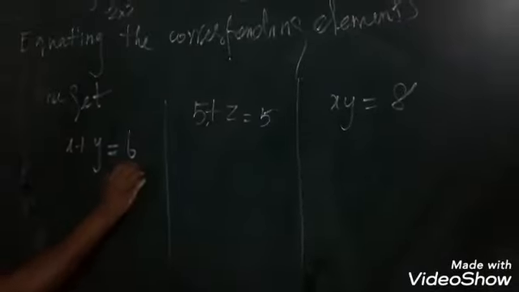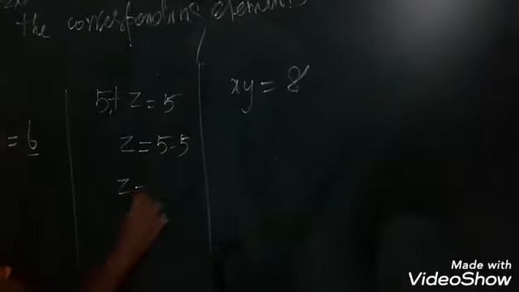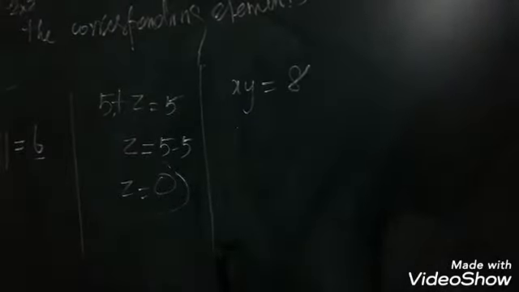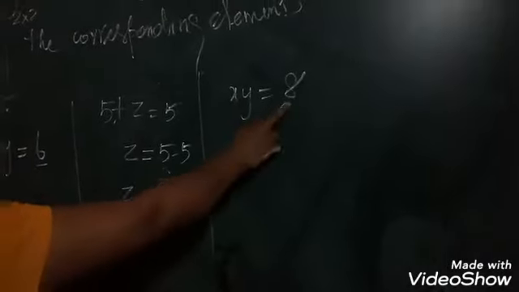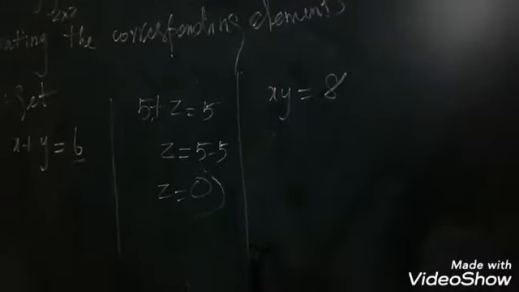Now we want to find out: if you add x plus y you will get 6. So here z is equal to what? They have given 5 minus 5. The answer is z is equal to 0. Now x y, if you add you will get 6. The same numbers x y, if you multiply you will get 8. But what is the answer, girls? Can you guess?